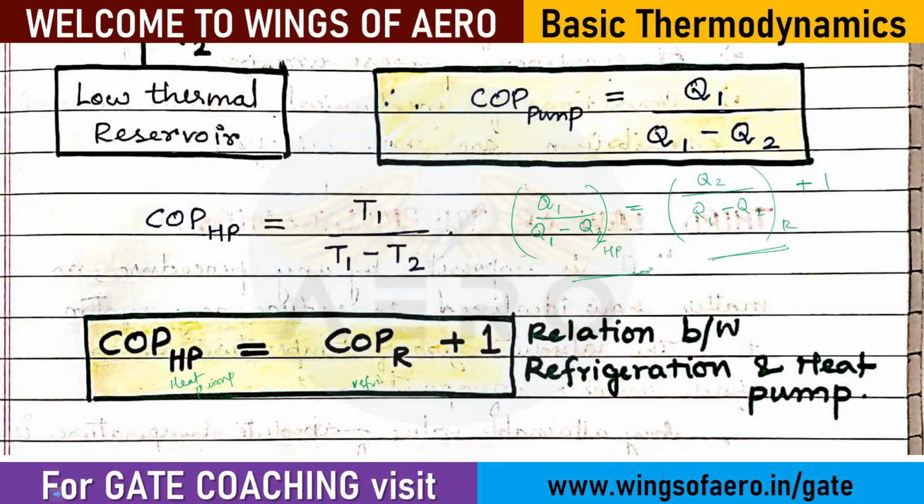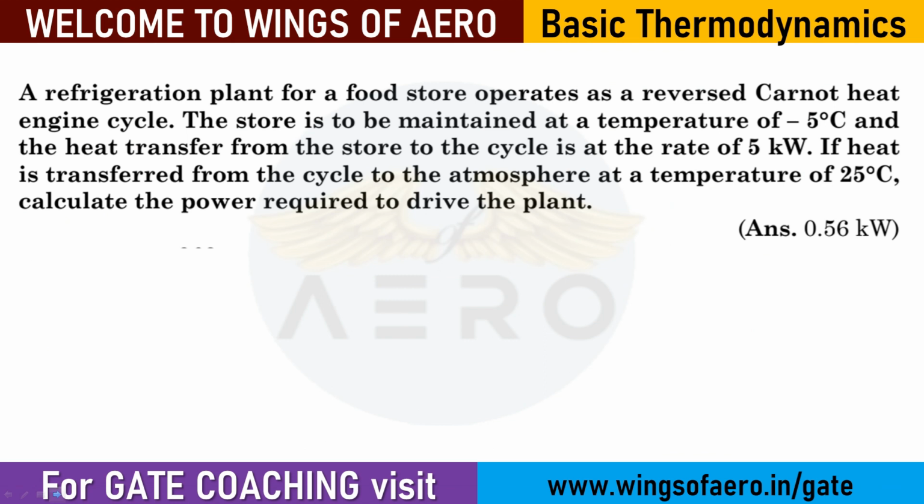Now quickly we will solve one problem. A refrigeration plant for a food store operates as a reversed Carnot heat engine cycle. The store is to be maintained at a temperature of minus 5 degrees Celsius, and the heat transfer from the store to the cycle is at the rate of 5 kilowatt.